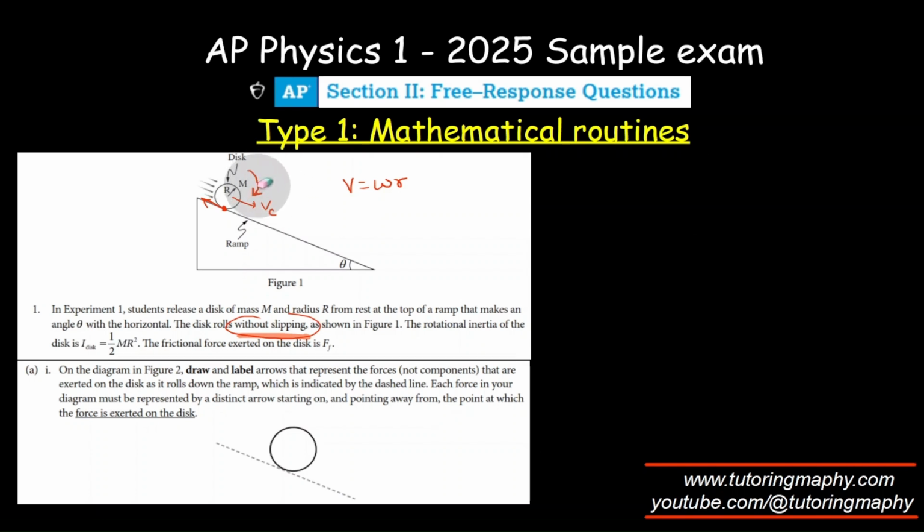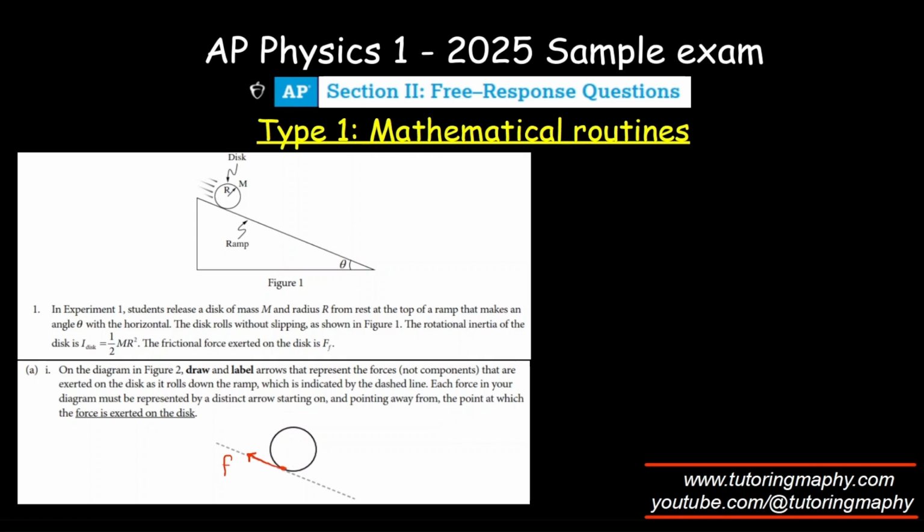I'm telling you this information because it's helpful to denote the direction of the friction. So on an inclined plane, whenever an object is released, friction has to act in this direction. So friction is going to act at the point of contact, and it will act backward over here. Then we have a normal reaction.